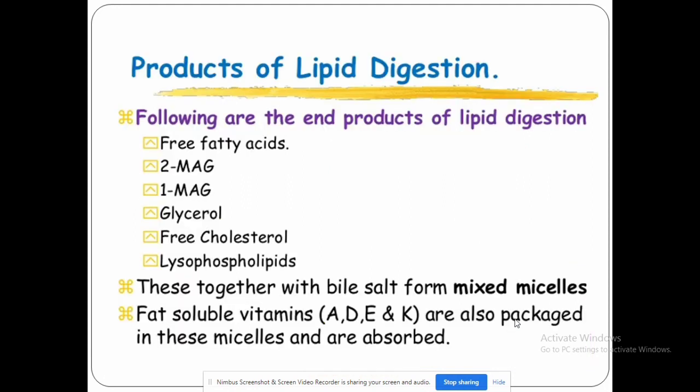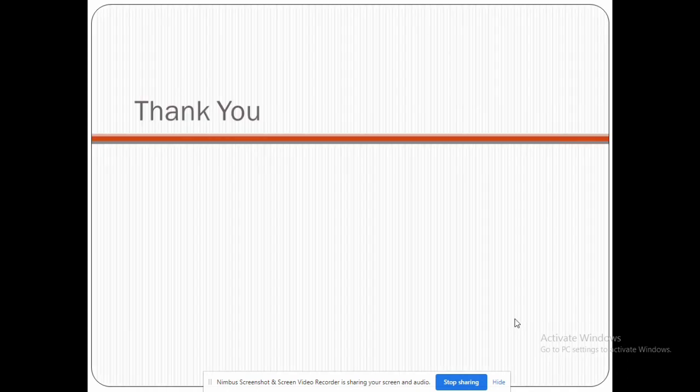The end products of lipid digestion will be free fatty acid, 2-monoglyceraldehyde, 1-monoglyceraldehyde, glycerol, free cholesterol, or lysophospholipids. These together with the bile salt are mixed and form vesicles, and they then get absorbed into the bloodstream.